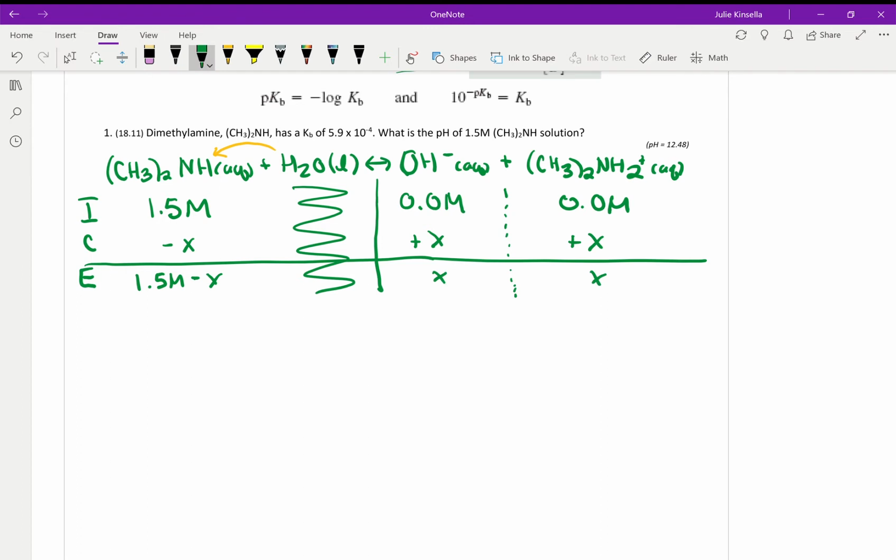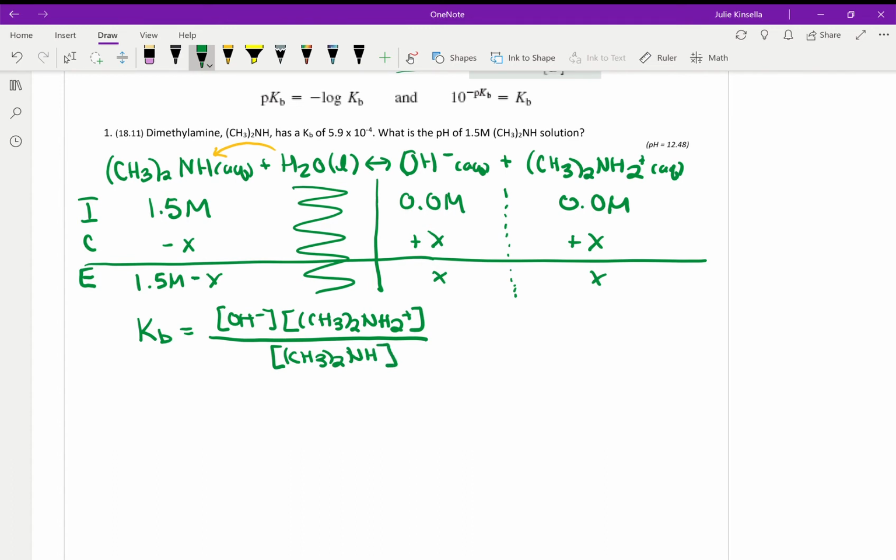All right, so then from there, we're going to be using the Kb expression. So here we have Kb. We're going to have our products over our weak base, our reactant.